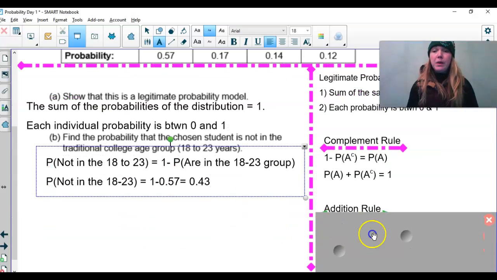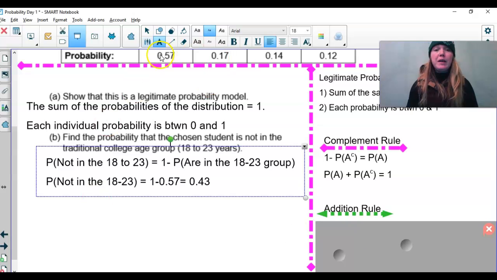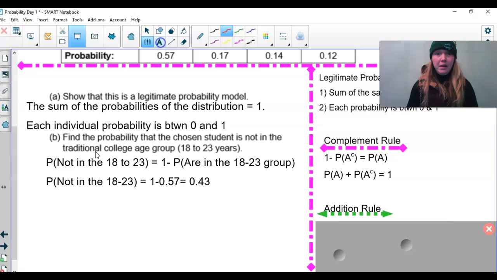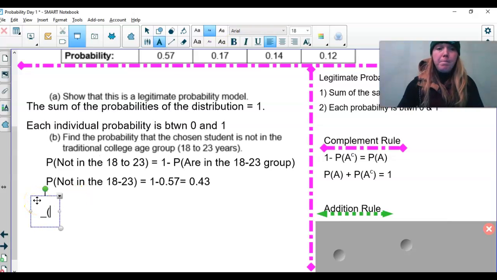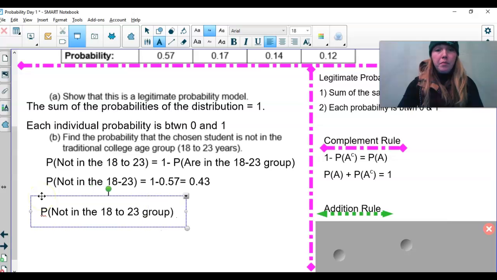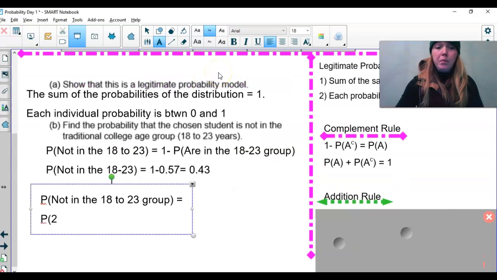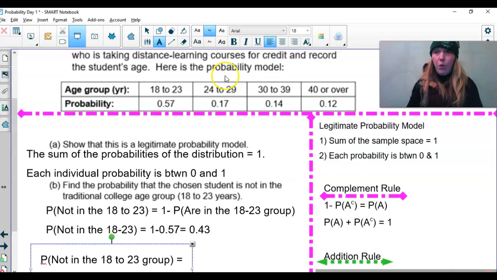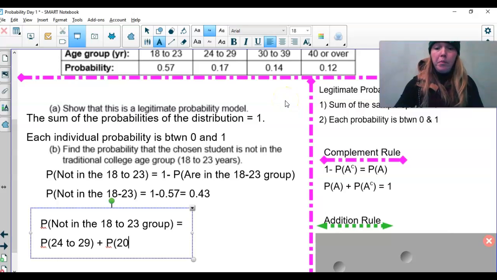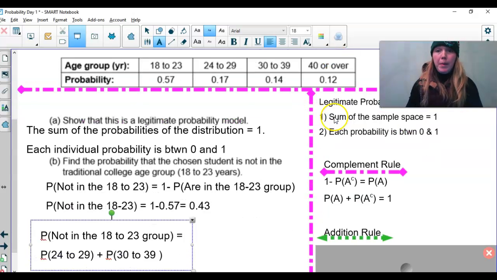Another way we could have done this is using something called the addition rule. If we are not in the 18 to 23-year-old group, that equals the probability that they're in the 24 to 29-year-old group, or, and whenever we say or, that means add, the probability of the 30 to 39-year-old group, or the probability of 40 or over.